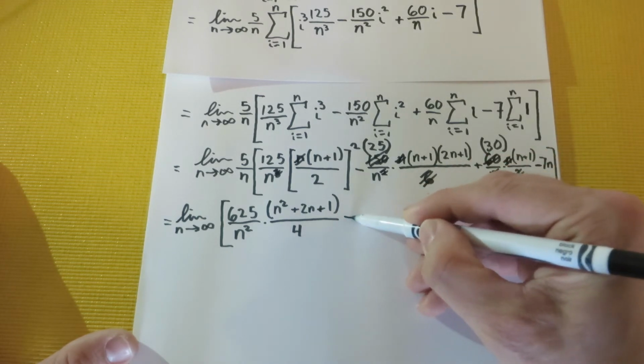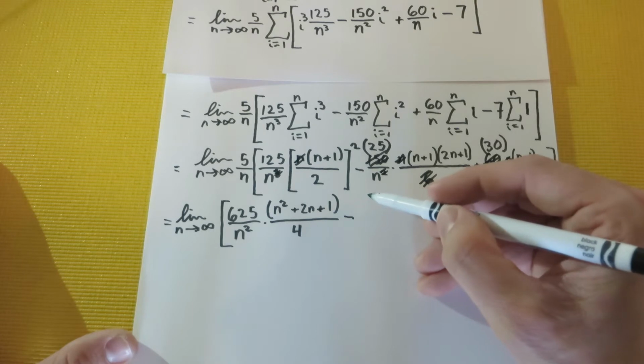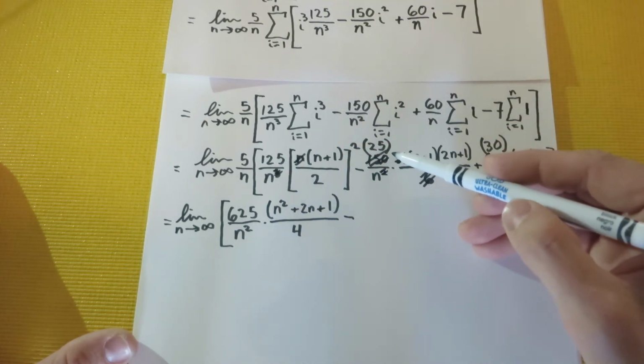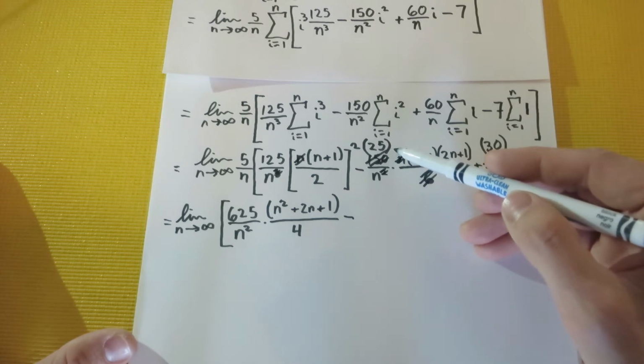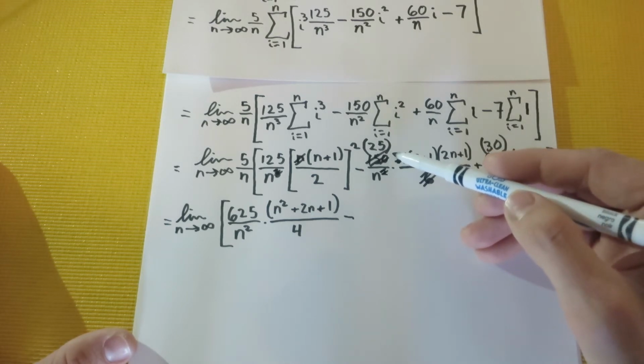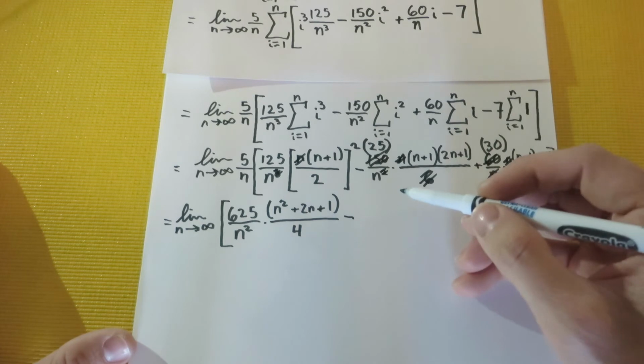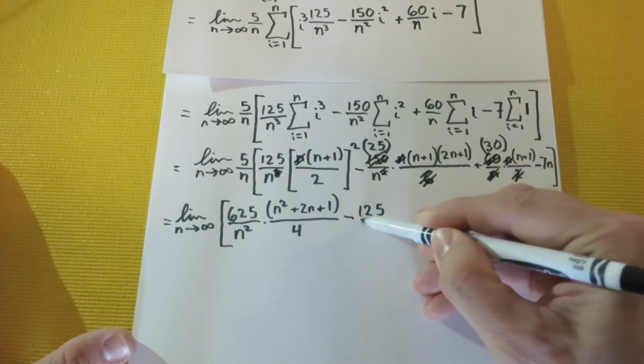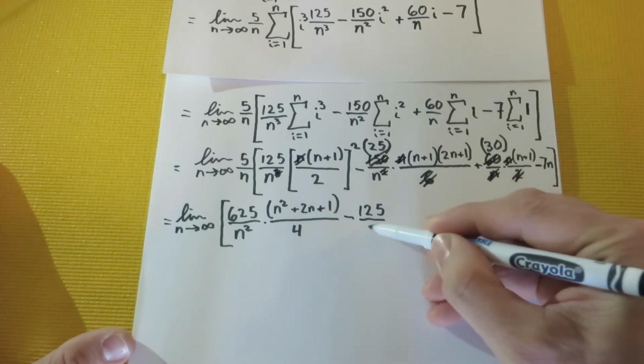Here we have a minus. Let's bring down that minus. And when we distribute our 5 over n here, we are going to get 25 times 5 is going to equal 125. n times n is going to equal n squared.